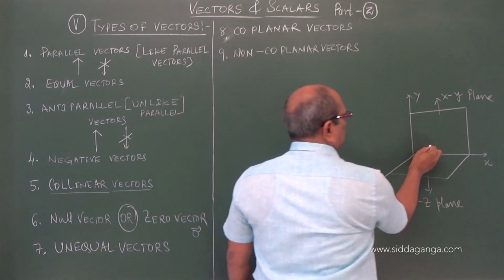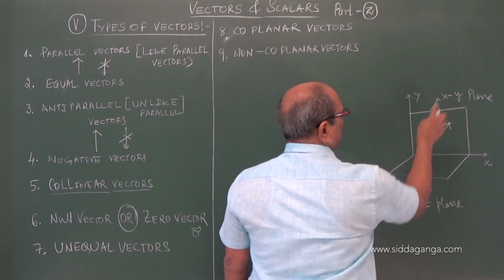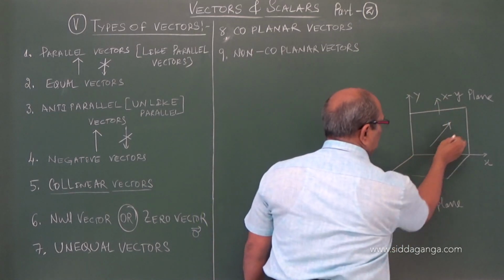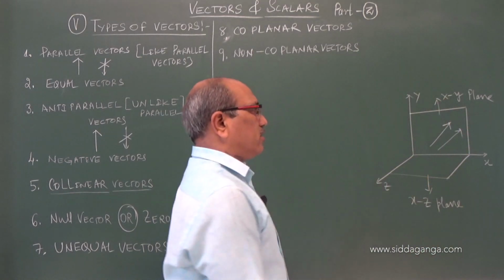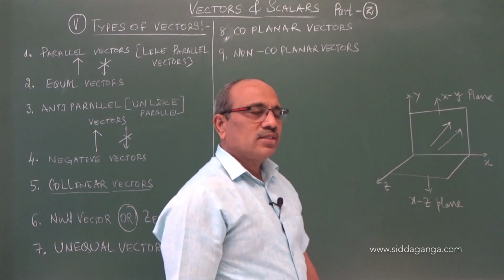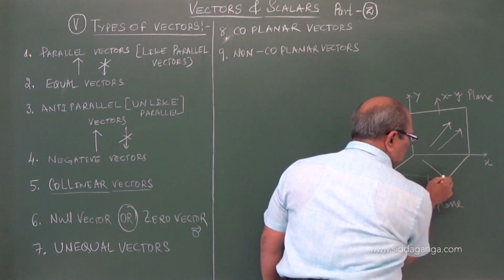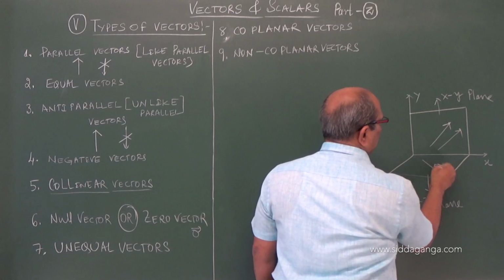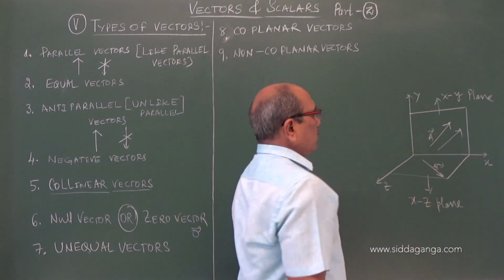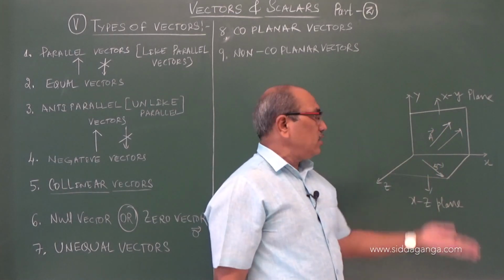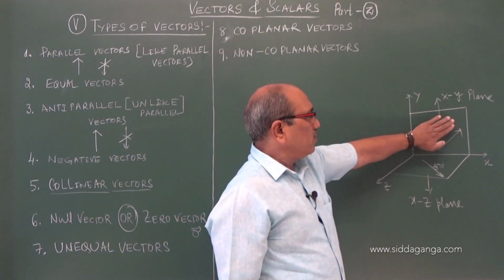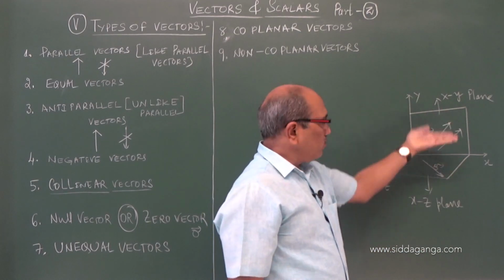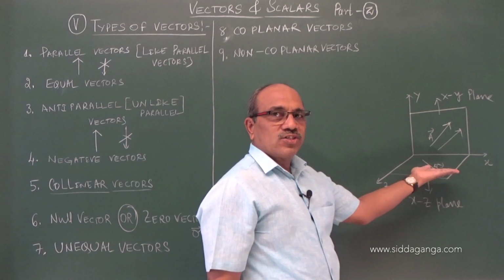If I write a vector in this plane and another vector here, these two are coplanar vectors. If I write another vector here, vector b, then vector a and vector b are not in the same plane. One is in the xy plane and the other is in the xz plane.